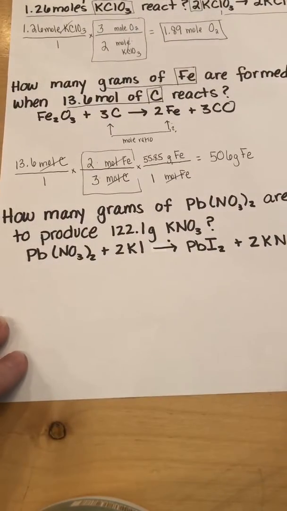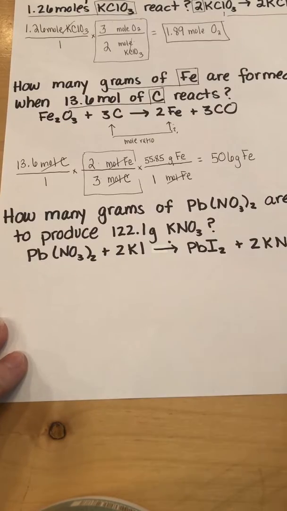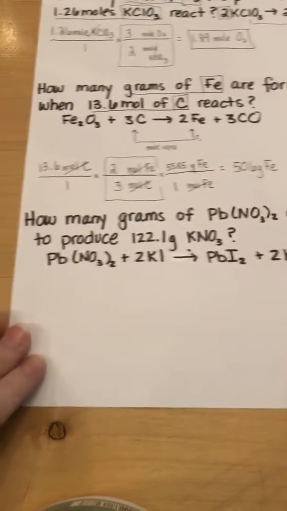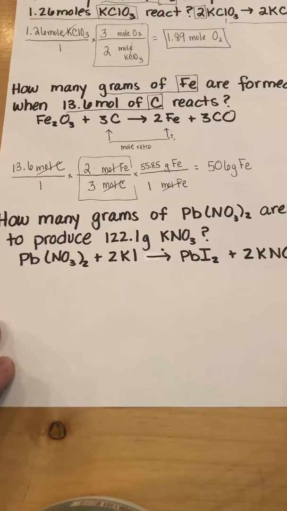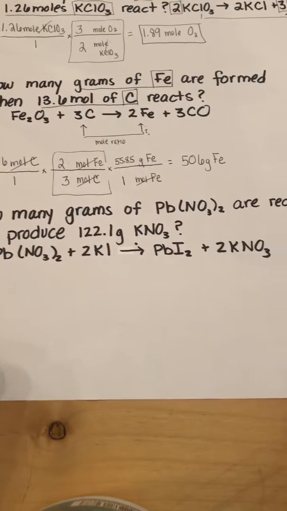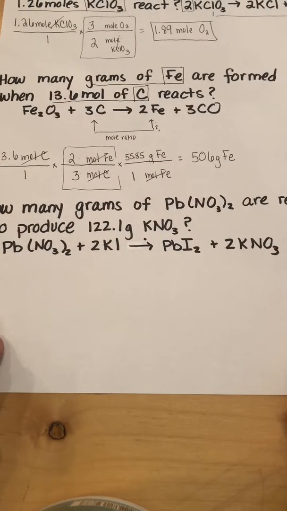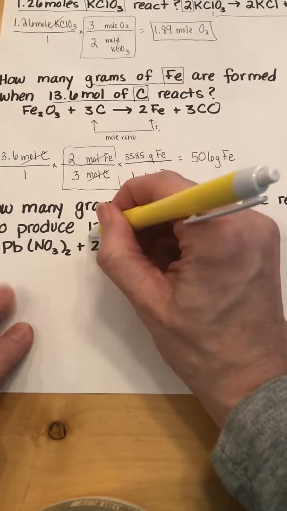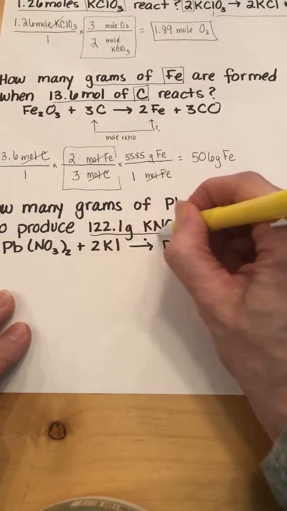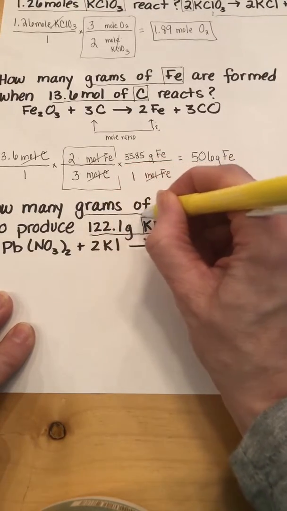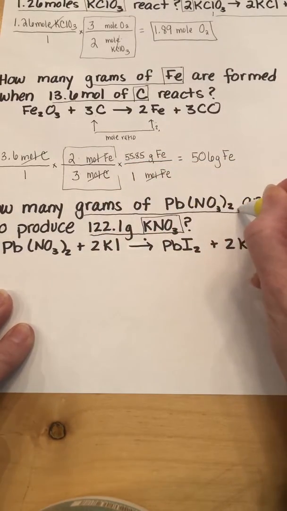So we're going to do one last example of a stoichiometry problem. This one says, how many grams of lead nitrate are required to produce 122.1 grams of potassium nitrate? And then I'm given the equation. All right, so if I look at what I'm given, 122.1 grams of potassium nitrate, but the problem is asking for how many grams of lead nitrate.